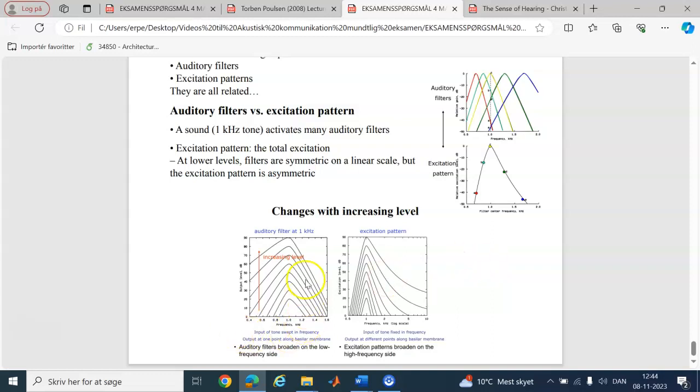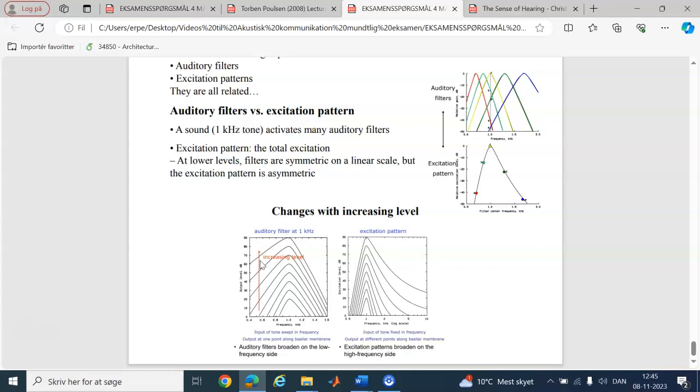So we have auditory filters here. With increasing level, they get asymmetric, broadening on the low frequency side. For excitation patterns, you have one tone, but its output is along the whole basilar membrane.